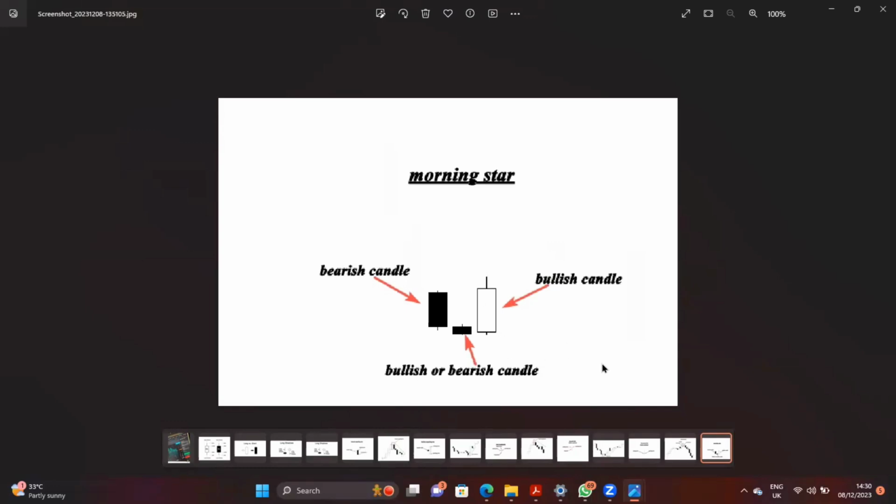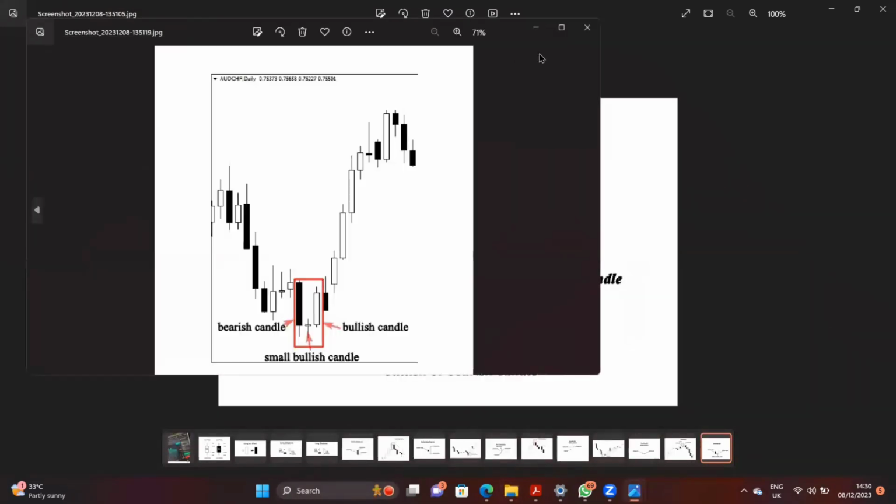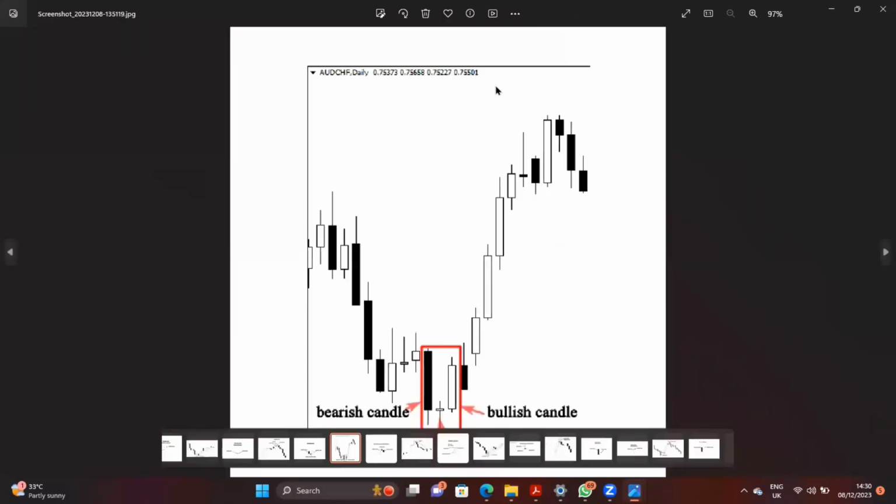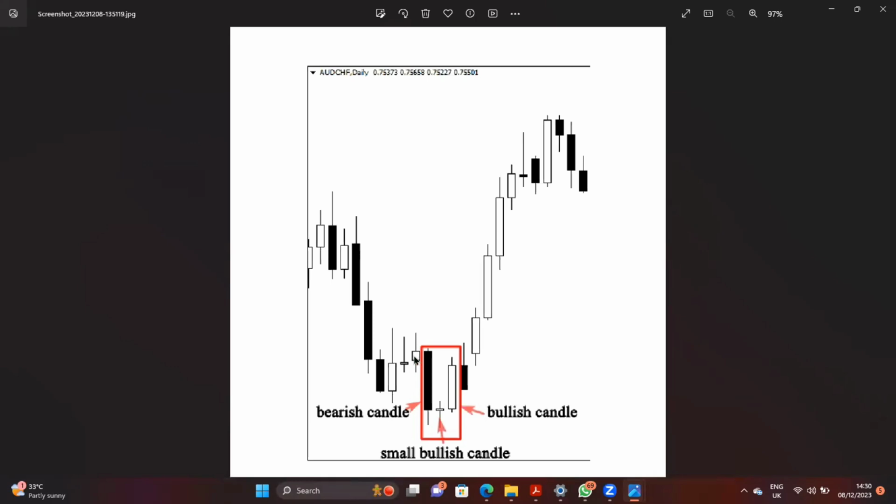Let me show you more examples of what happened after a morning star was formed. Now, this is what happened. This was a downtrend all the way down to this level, and then we had this.